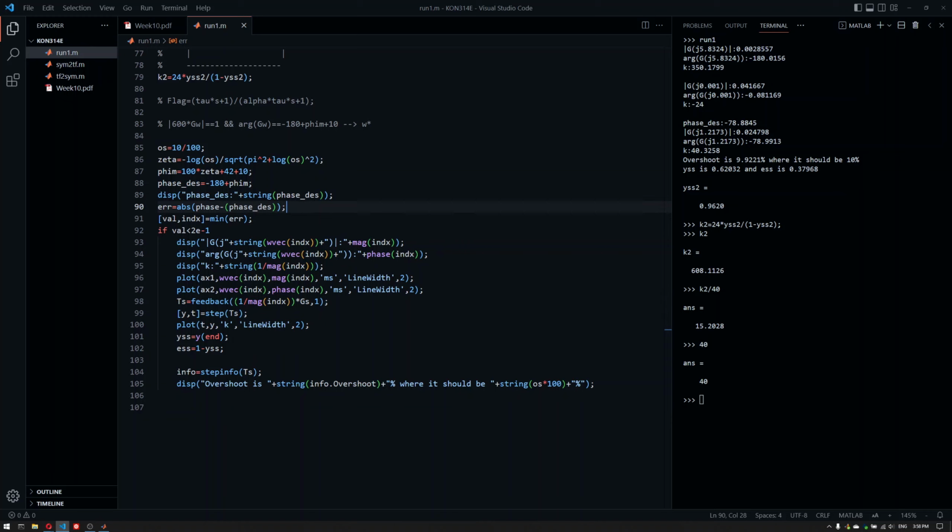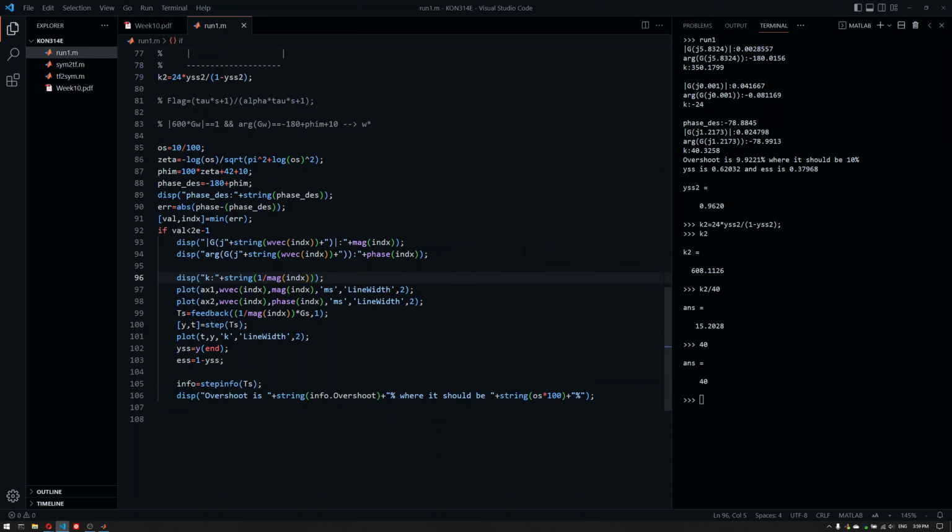So what are we doing after that? Now, since we know what the frequency is, once this occurs, we have magnitude, phase. This is not going to be k. Here we have some changes. We have a certain omega value. So we need the tau value here. And we will use the 10 degrees here.